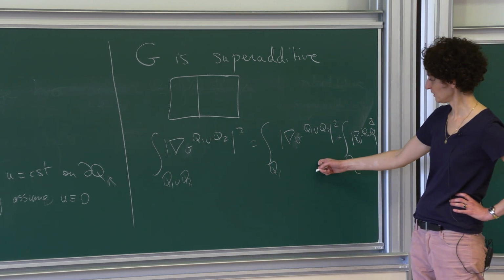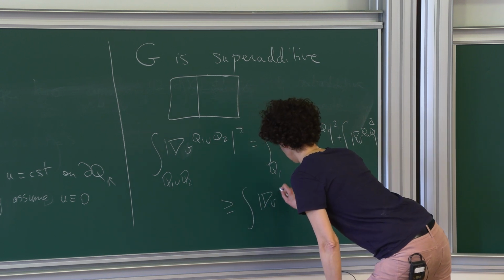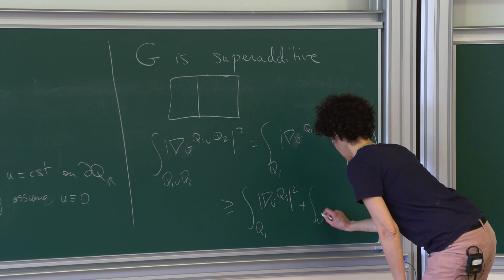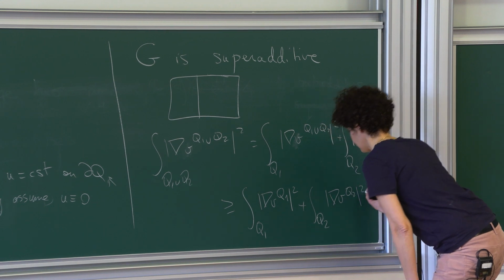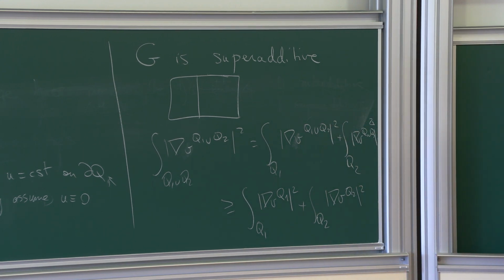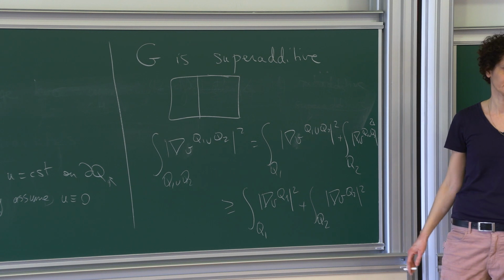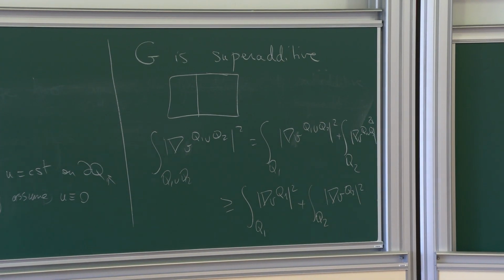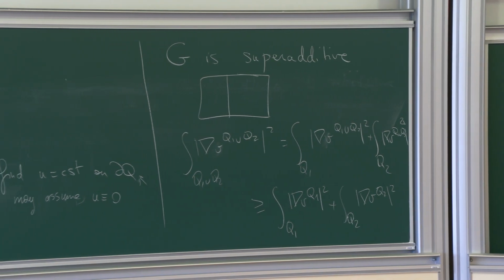Now you agree, I will lower the energy if I replace by grad V relative to the cube, plus here grad V relative to the cube, because I'm just restricting my problem to a subcube. So G is super-additive. Okay, now let's show that F is sub-additive.